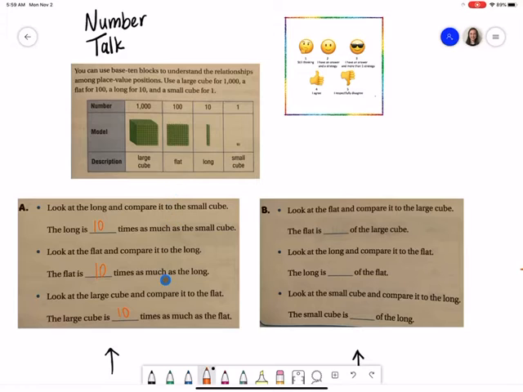We just talked about how many flats it takes to make a large cube. It takes 10 flats. If I just have one of the flats, I have 1/10 of how many I need to make a large cube. So it's 1/10.